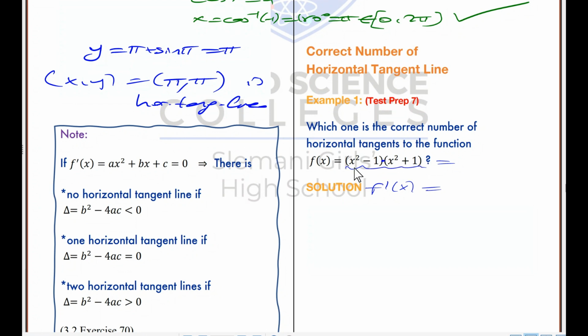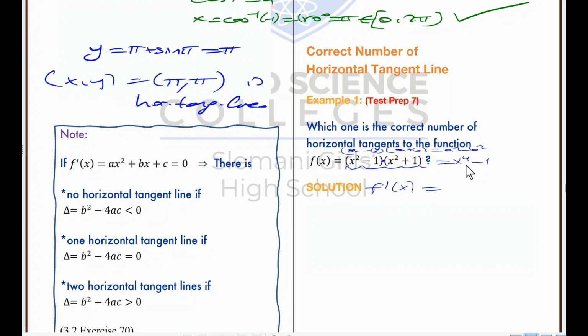So let's simplify. X squared minus 1 times x squared plus 1 is like a minus b times a plus b, which is the difference of two perfect squares, right? So first one squared, x squared squared, x to the fourth, minus second one squared, 1. This is the original function written in simplest form. Now I can take its derivative.